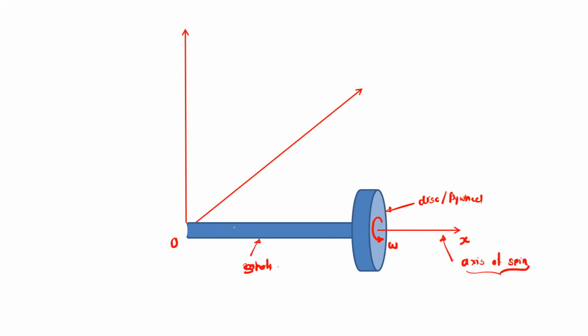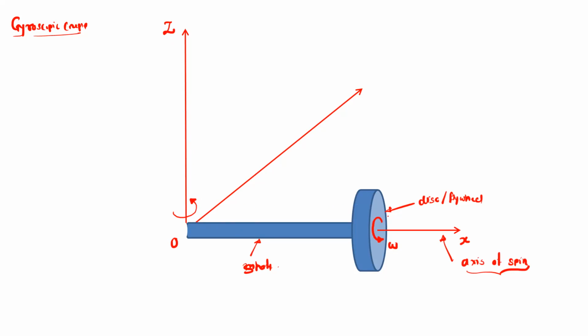So what is gyroscopic couple or gyroscopic effect? Just imagine we rotate this shaft about another perpendicular axis. This is the Z axis. So we rotate this shaft, which already carries a spinning disc, about this perpendicular axis, that is OZ.